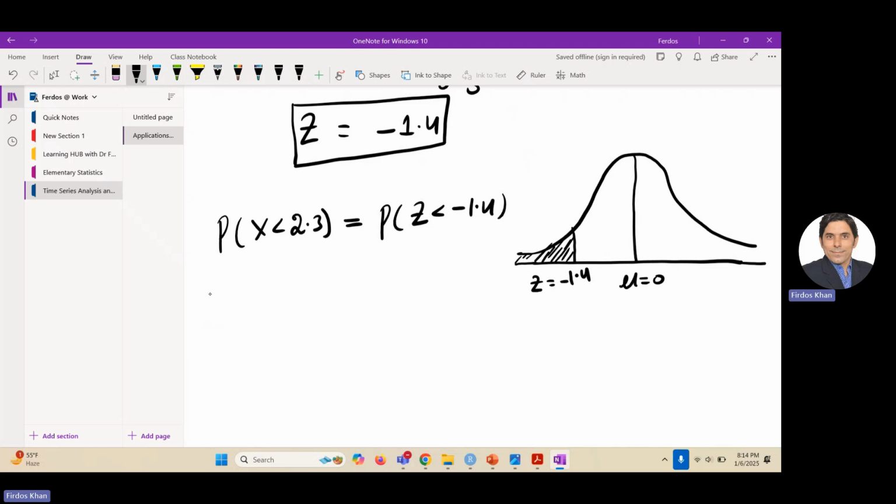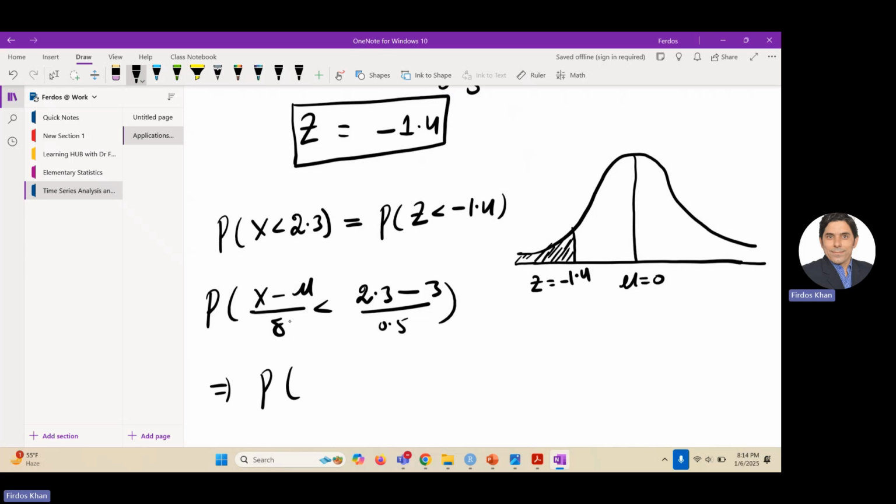You can do it like this as well: probability of x minus mu divided by sigma, where 2.3 is the value of the random variable, minus mean 3, divided by 0.5, because I just put in the values of mu and sigma, which implies that probability, this is z now, less than minus 1.4. So now you just need to see this value in the table and see the probability.